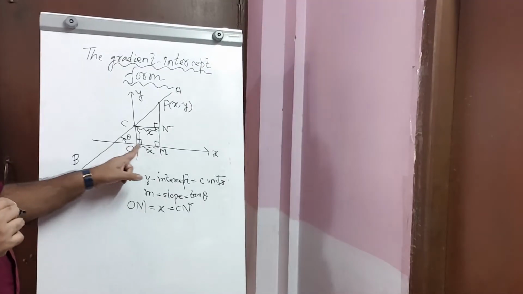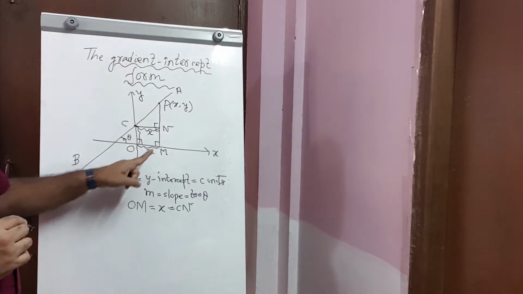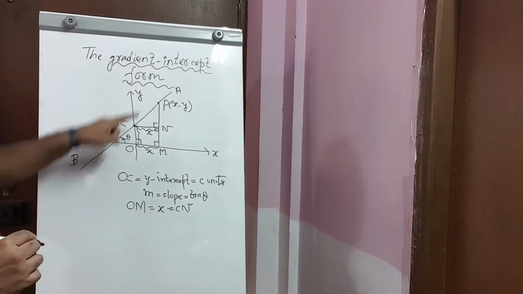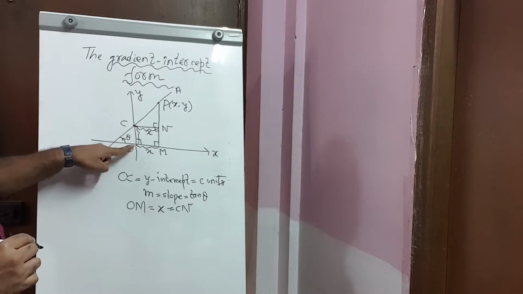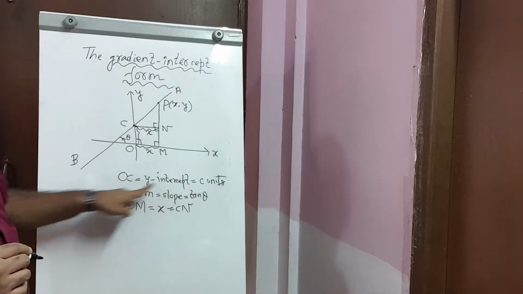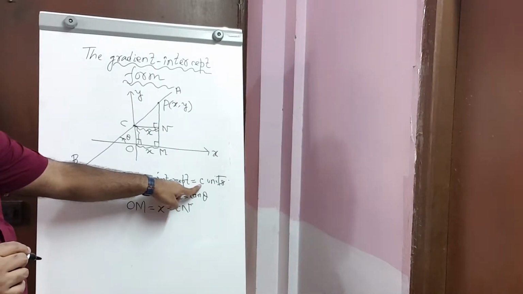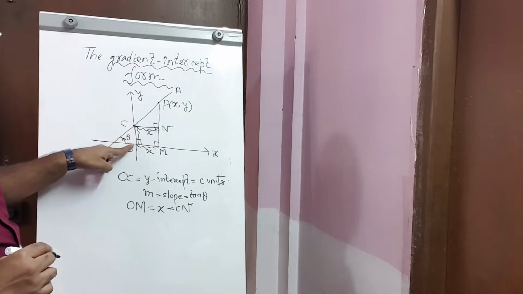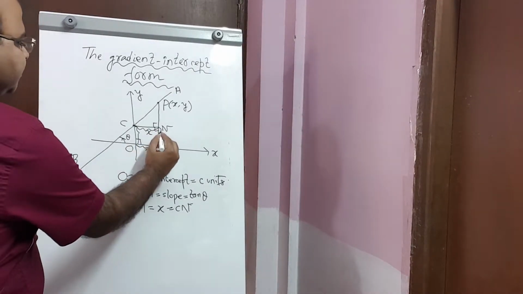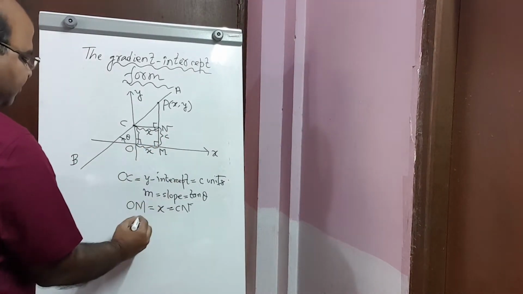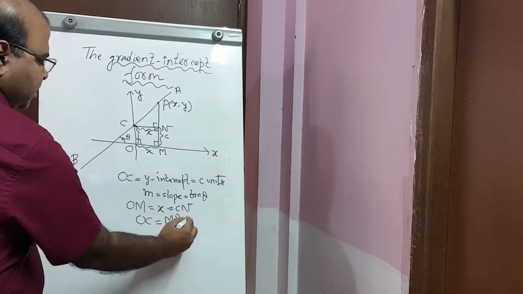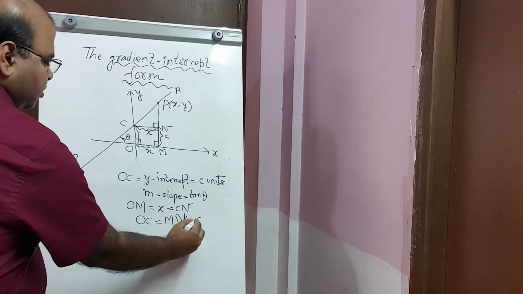These two are equal. OM is equal to CN and both are equal to x units. Similarly, OC is taken to be c units, that is the y-intercept of the line, and OC being equal to MN, MN also becomes c. So we have OC is equal to MN is equal to c units.